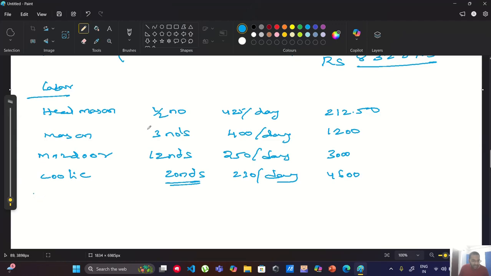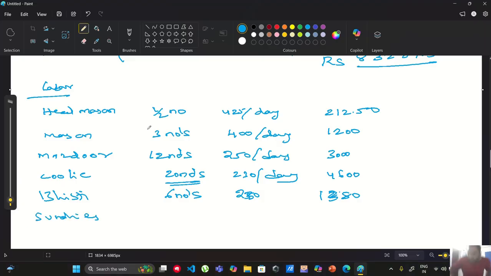And the last one is Bisti, the water boy. 6 numbers are required, and the rate is 230 rupees. For Bisti also 230. Now the final value is 1380.